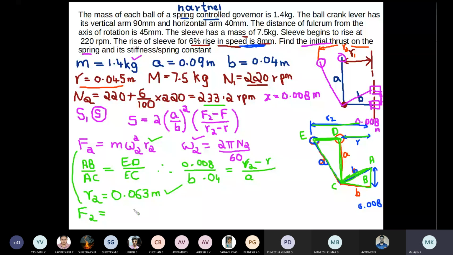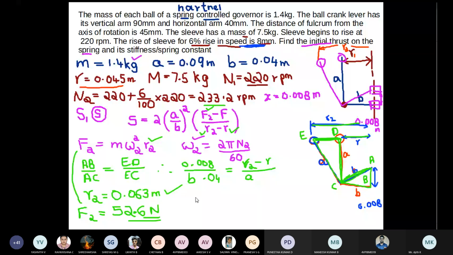You can verify the answer later. So now in this equation, I got F2 value, I got R2 value, R value is given in the question. Last one term F is pending.